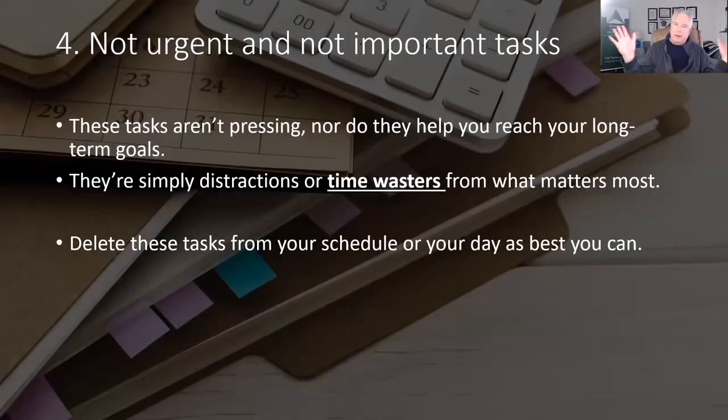And number 4, these again are your not urgent, not important tasks, things like socializations, your time wasters, things that creep into our life like death by 1,000 cuts that we don't necessarily have to have. There's going to be some proportion of these, absolutely, because a lot of it's socialization.